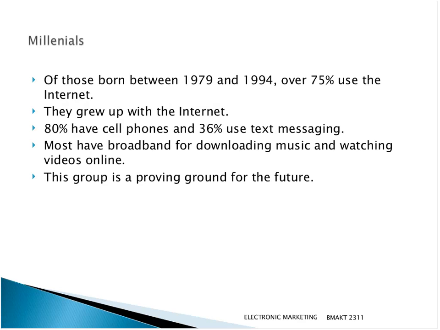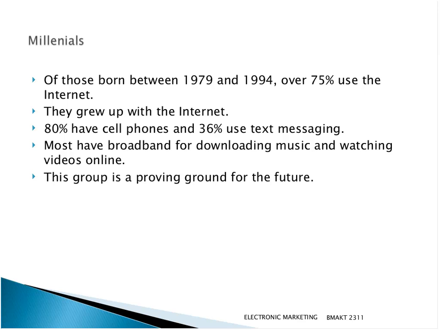75% use the internet, and they're going to be these people. That is why we consider them one of the main demographic segments rather than Generation X or those after Generation Y, all of those teens or tweens and so on. They grew up with the internet. 80% have cell phones and 36% use text messaging all the time. This is again a very old statistic.